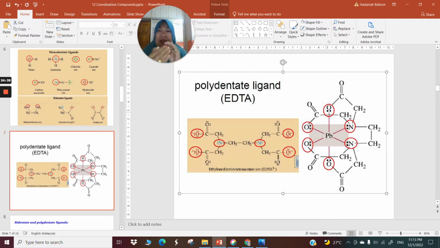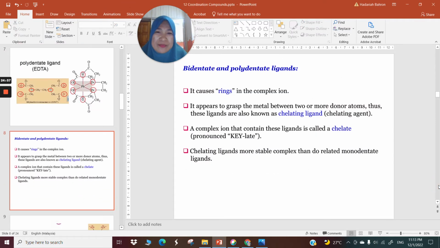So when the metal cations or whatever impurity is being encapsulated by EDTA, the additive in your shampoo will last longer. Yeah, to increase the shelf life of the shampoo. So EDTA is really quite a useful little ligand, polydentate ligand.